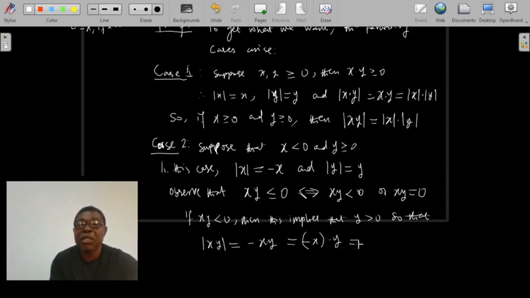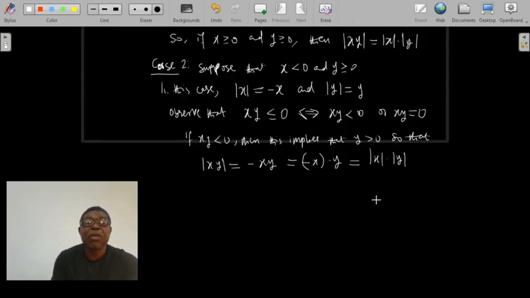Since x is less than 0, the absolute value of x is minus x. And since y is bigger than 0, the absolute value of y is equal to y. So this minus x turns out to be the absolute value of x, while this y turns out to be the absolute value of y. This gives me that the thing is equal to the absolute value of x times the absolute value of y. That is the case when xy is less than 0.